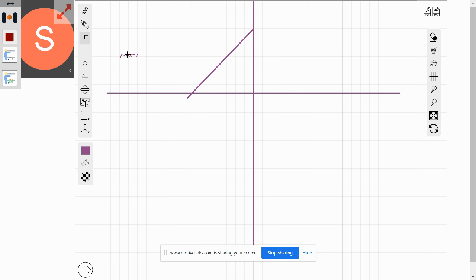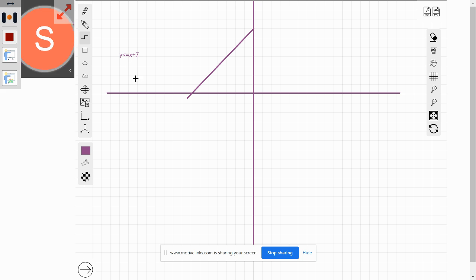Now, when you're graphing inequalities, if it's greater than or equals to or less than or equals to, if it has an "or equals to" to it, it's gonna be a solid line.